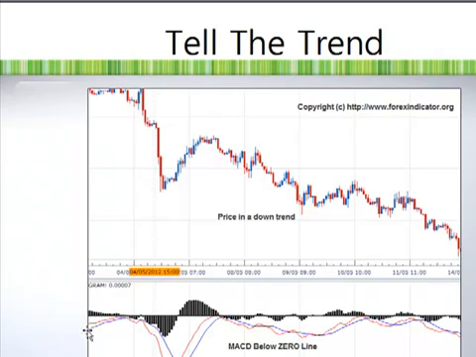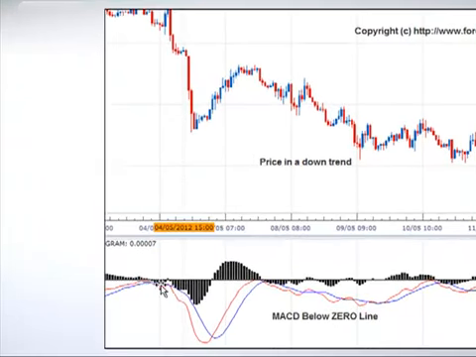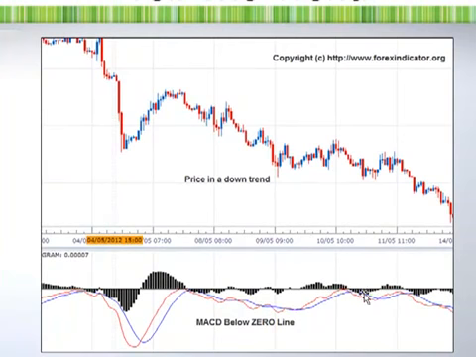You can see the MACD line is always below the zero line, and the longer it stays below the zero line, the stronger the trend is. If it's below the zero line all the way, it's telling you that you're in a strong downtrend.